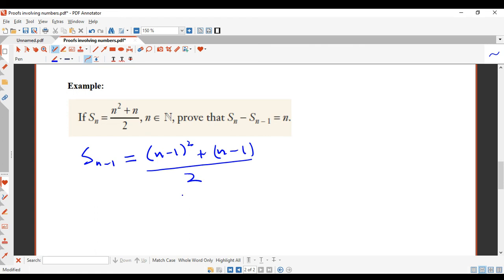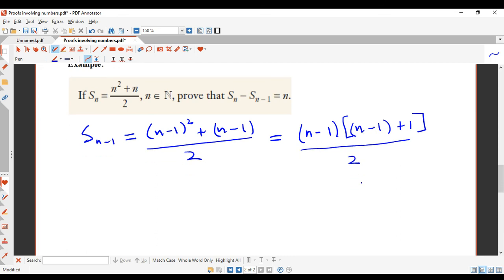Now you could tidy it up a little bit if you wanted to. We could say, for example, take out n minus 1 as a common factor, and then you'd have n minus 1 plus 1, divided by 2.